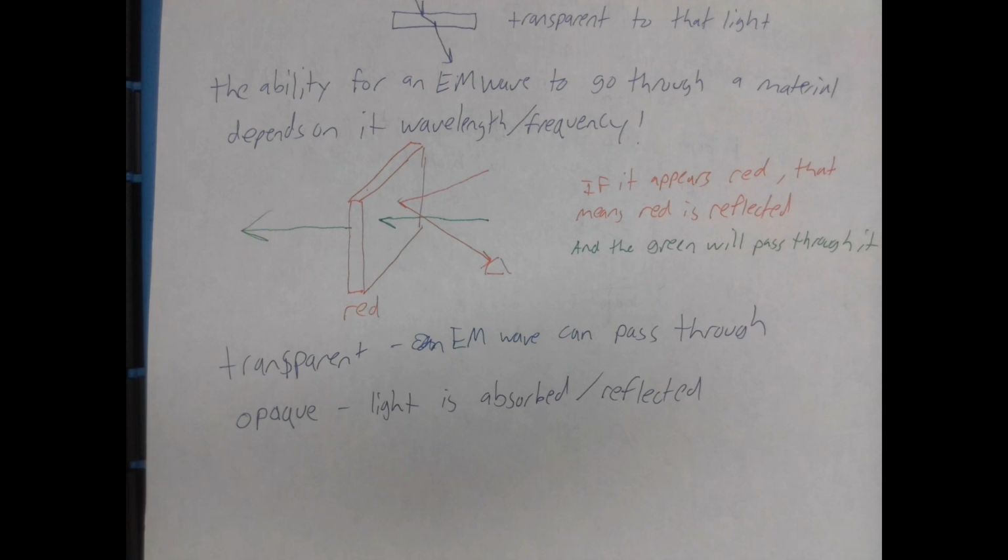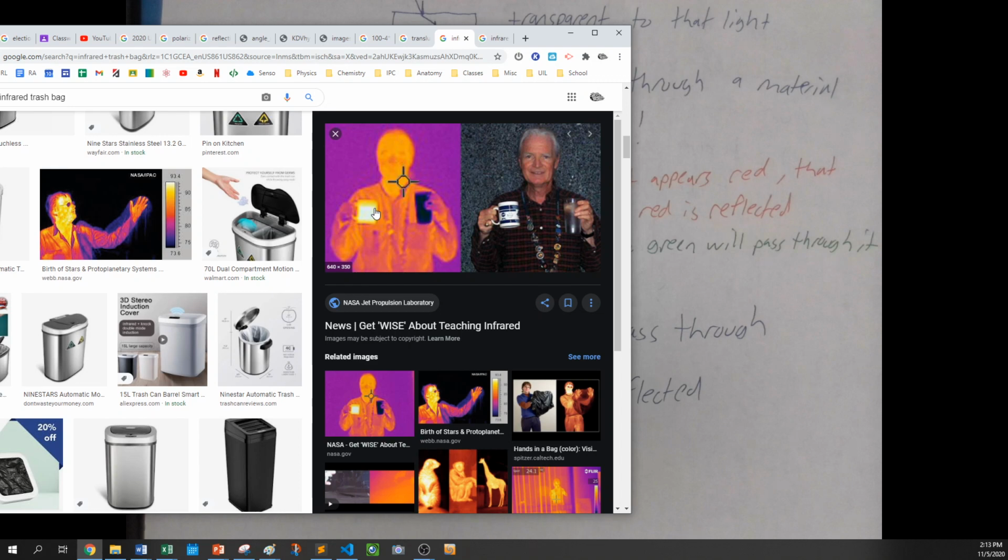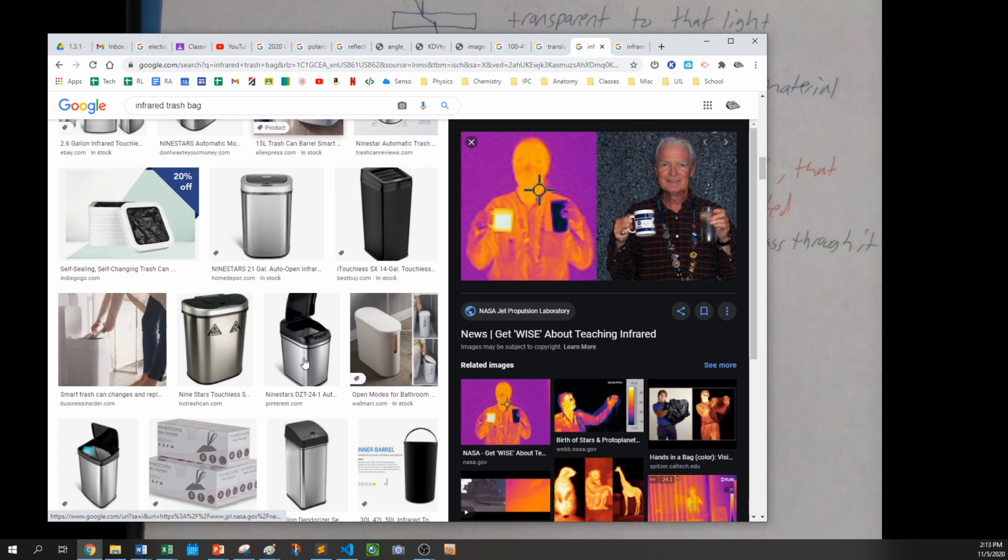There was one image I want to show you. A ceramic coffee mug versus a glass. The glass appears black because it absorbs all the infrared and doesn't reflect any or allow it to go back.